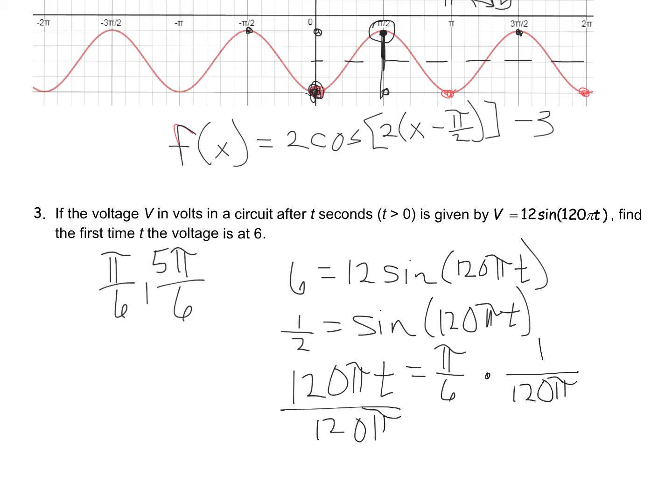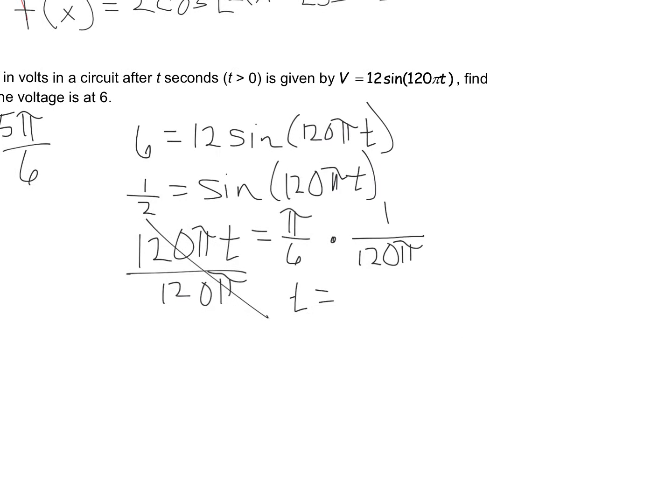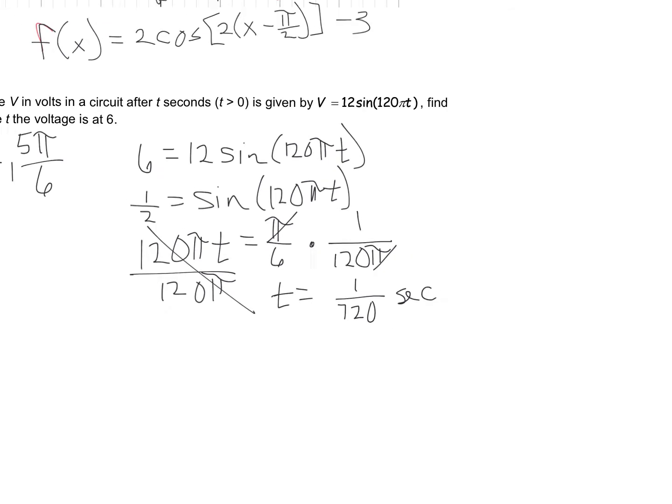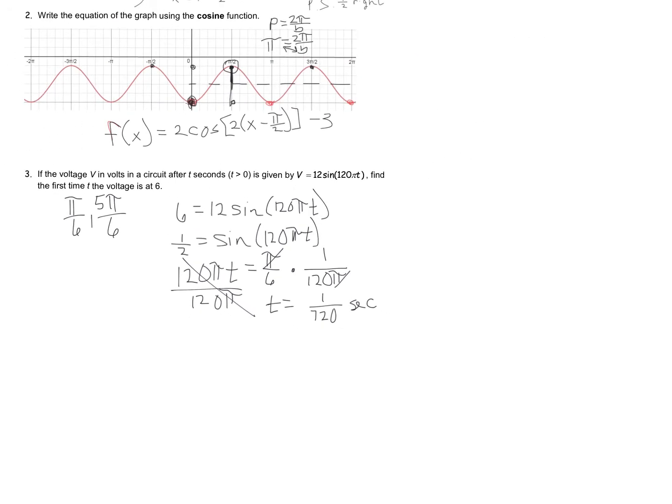Now these cancel here, so I have t equals, and the pi's cancel, and then we have 6 times 120, which is 720, and that's in seconds. So the first time that the voltage would be 6 would be at a time of 1/720th seconds.